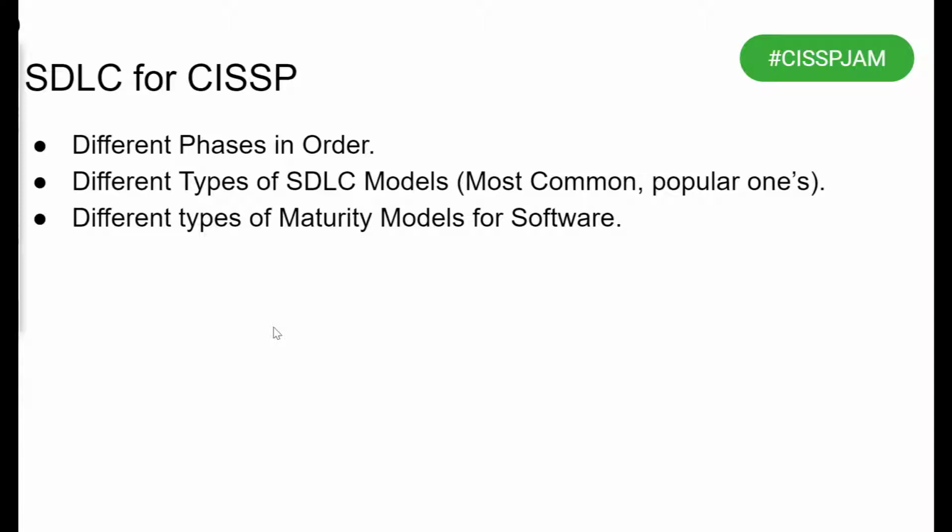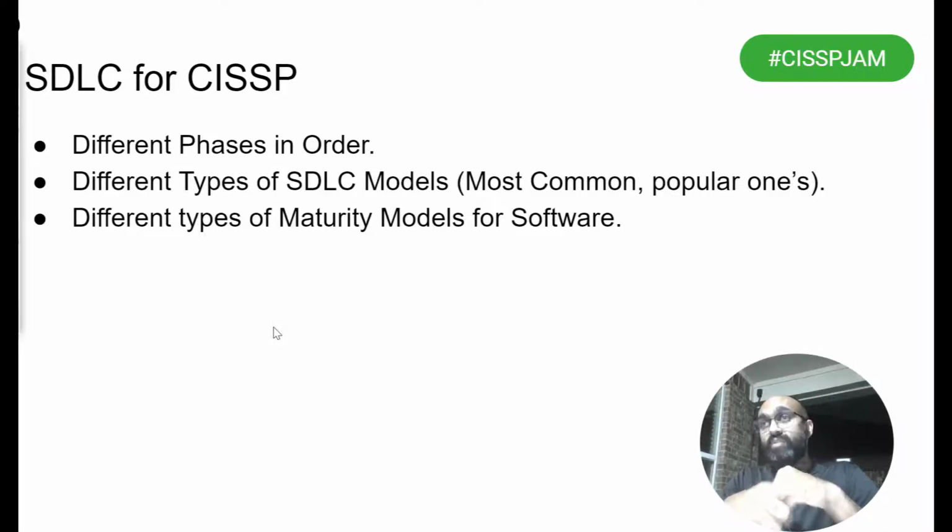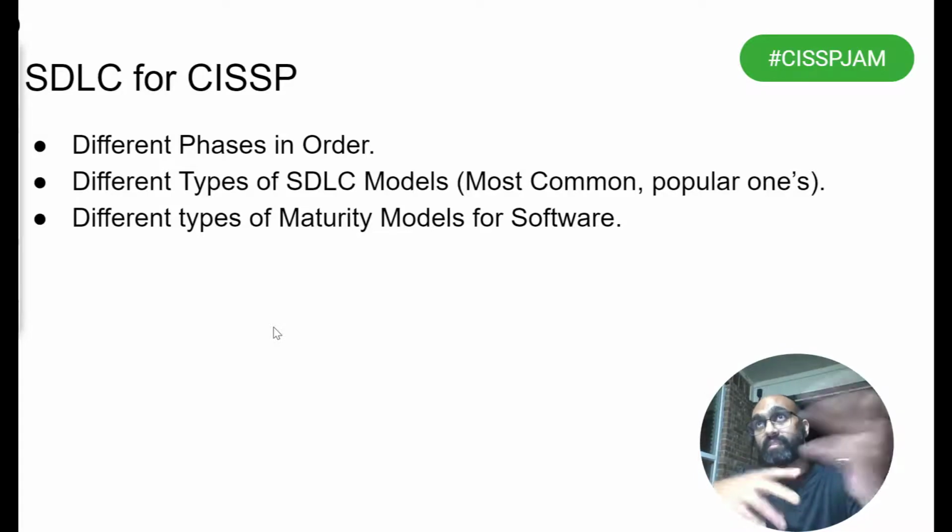Of course, there are different types of SDLC models. Understand the most common ones. You don't have to know hundreds of those. There are hundreds of thousands of software companies, and they may have their own SDLC framework that they have come up with, of course, using industry best practices.